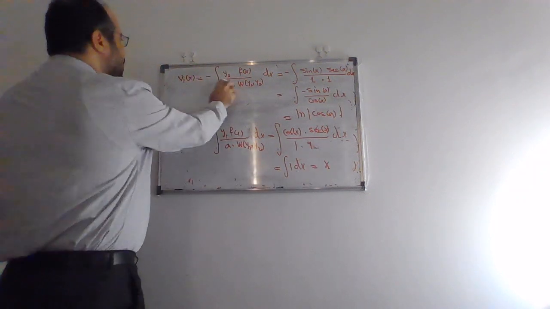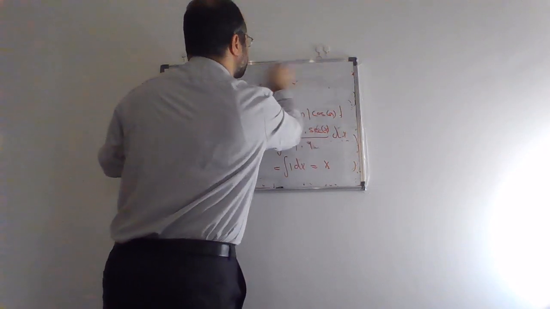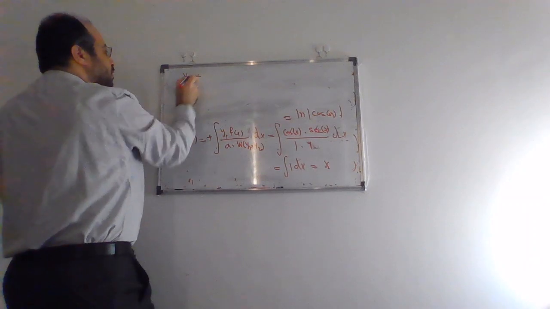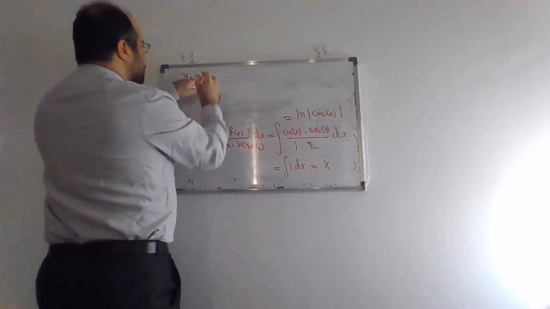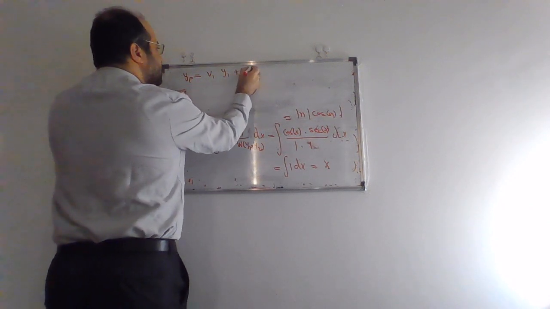So I go now and build my y particular. Y particular is V1 y1 plus V2 y2.